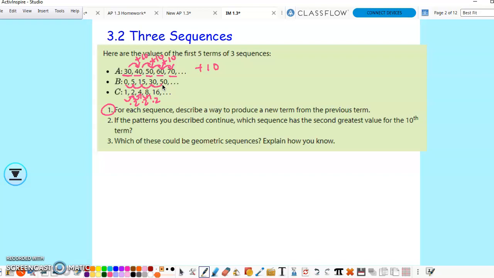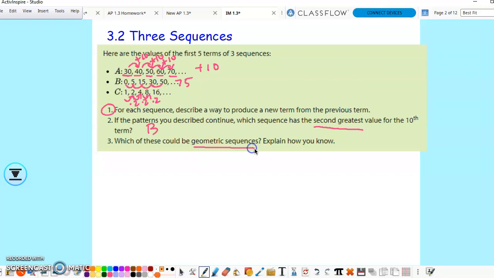Notice on the next one, I'll add 25, so it's already bigger than A. But on C, I'm multiplying by 2, so it's growing exponentially. So letter B is actually going to be the second greatest, because A grows the slowest, B grows the next fastest, and C grows the fastest total.